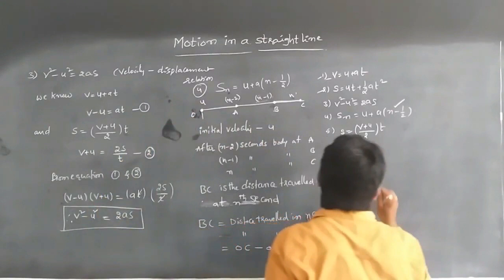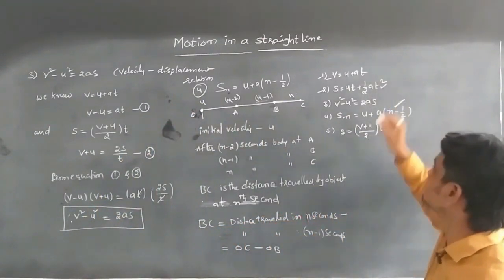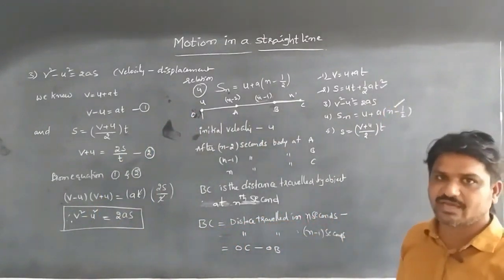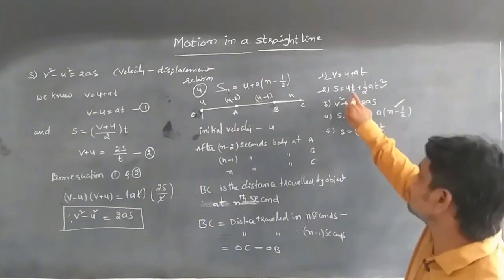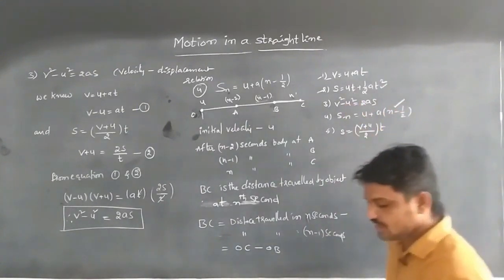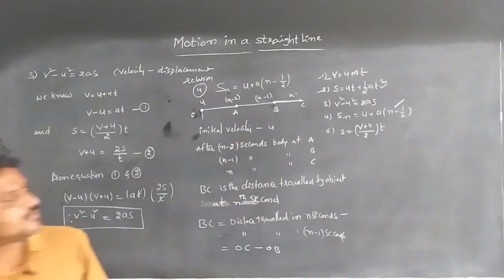From this relation we have the equation to find the distances, that is s is equal to ut plus half at square. From that, s is equal to ut plus half at square, we can measure the distances.